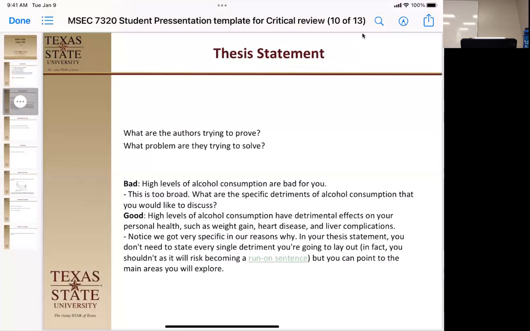What problem are they trying to solve? So it might be as simple as, past experiments in nanocrystalline cellulose showed only lower loading levels. We attempted higher loading levels to see if we could maximize our gains. Something like that would be our thesis statement, and you have to clearly state that thesis statement on here.